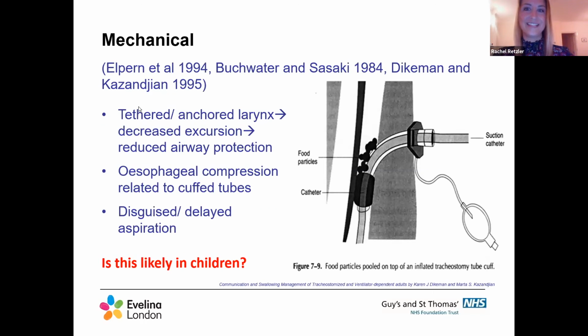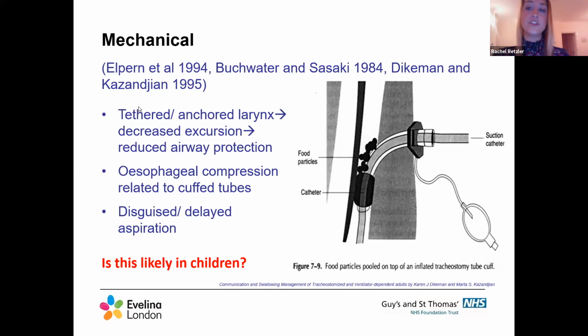Mechanical implications of a cuffed tube. There's quite a lot to discuss here. There are several reasons that an inflated cuff does not prevent aspiration. The physical presence of the cuff will reduce the potential that material will immediately contaminate the trachea if it enters the larynx and penetrates below the level of the vocal cords.